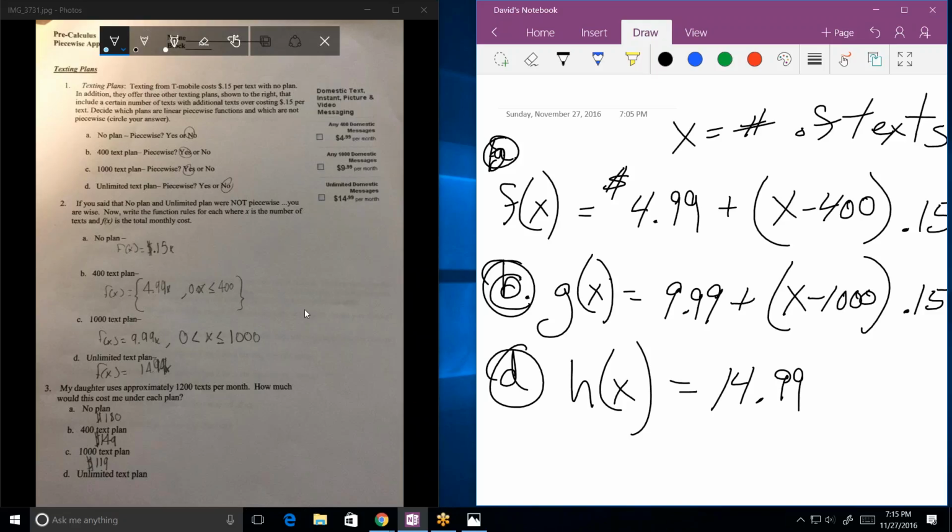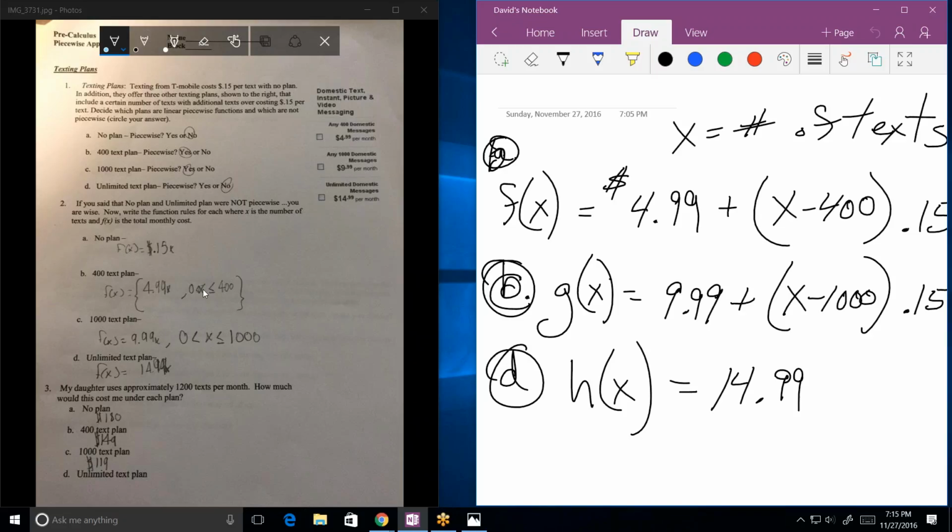In other words, if you send 401 texts, it's not automatically going to go to this function C. Right. In fact, it would still use this function B. If you signed up for the 400 messages plan, and x is actually 401, you're still with this function.